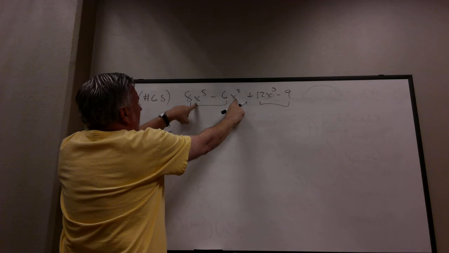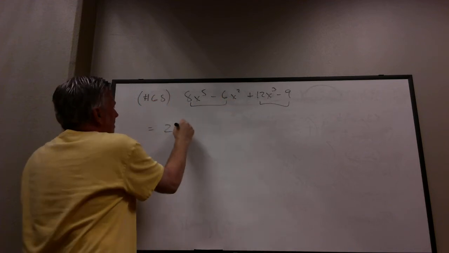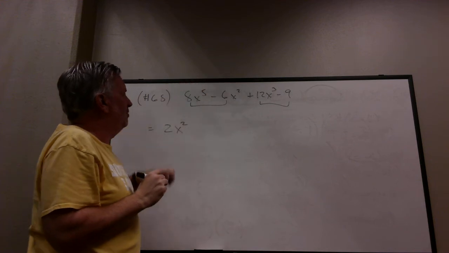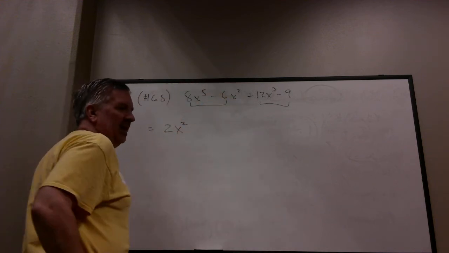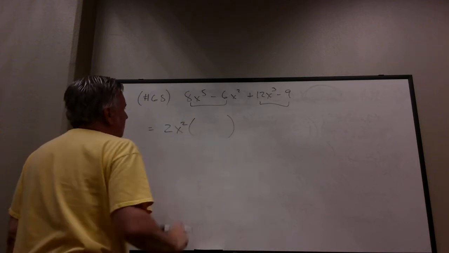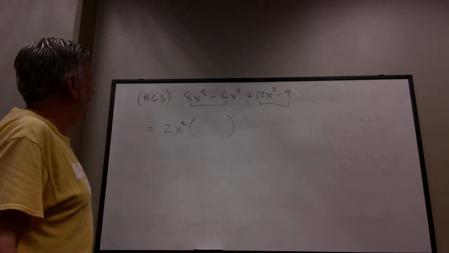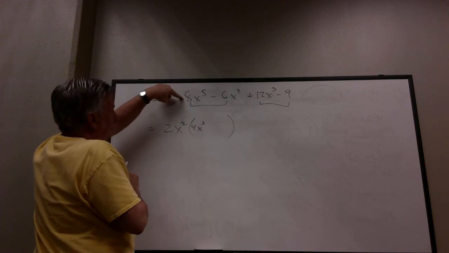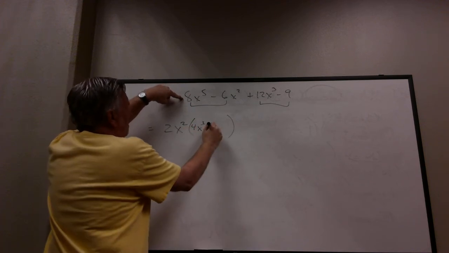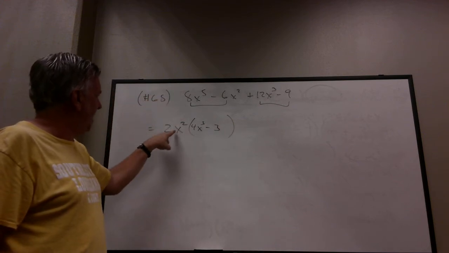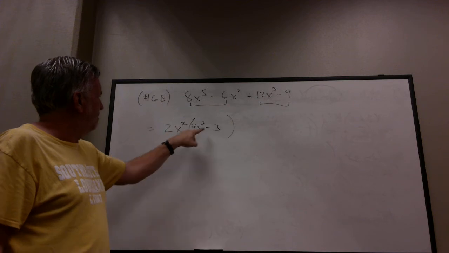And x squared goes into both, but x to the 5th is bigger than x squared, so you can't factor an x to the 5th out of x squared and still have a polynomial. So if I factor 2x squared out of those 2 terms, I'm left with 4x cubed minus 3. Check your factoring by remultiplying. That's 8x to the 5th minus 6x squared.